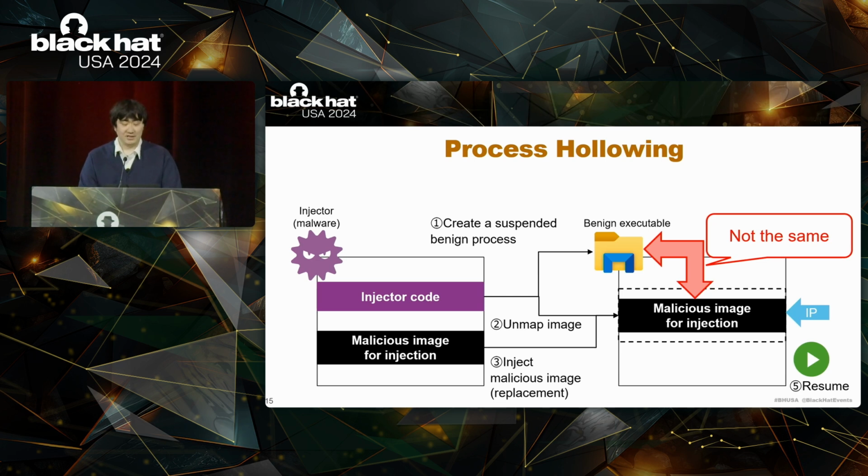In appearance, the process seems to be executing the benign file because all information of the process, such as process name or image path, comes from the benign file. However, because the contents of the process have been replaced, what is actually executed is the injected code. So that is process hollowing.